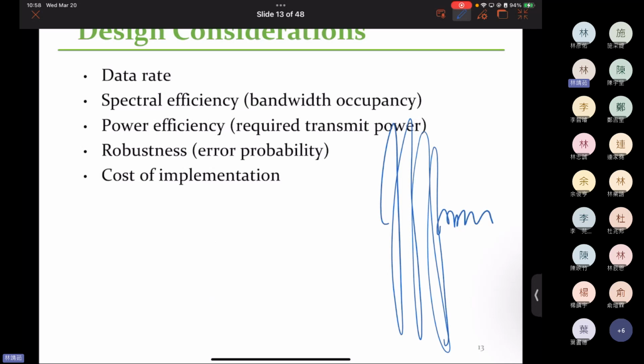You cannot say I have infinite power to deliver my signal. And then you probably also want to guarantee the minimum possible error probability. So if you want to guarantee some minimum error probability, you should carefully design your algorithm to guarantee that the error probability is bounded. And also the cost is very important. When we say cost, sometimes it could be the processing cost, which means the complexity.